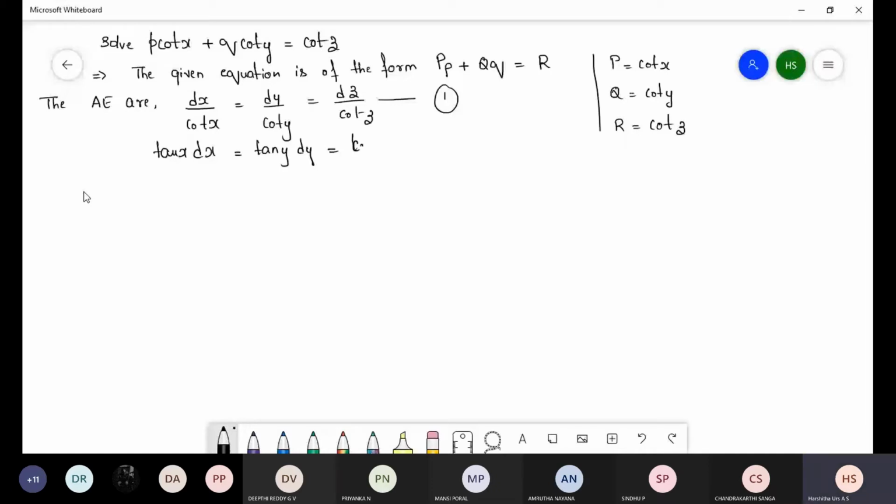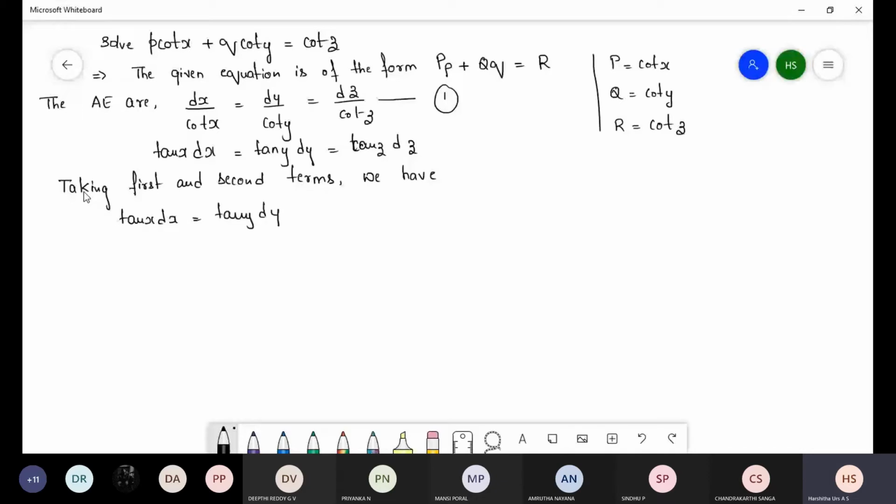Taking first and the second term, we have tan x into dx is equal to tan y into dy.